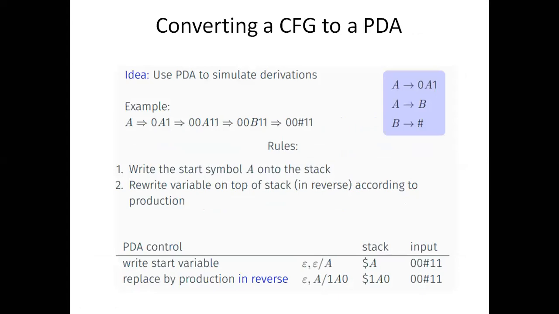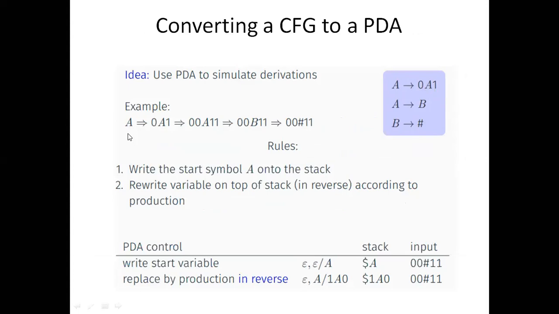Now let us look at this particular context-free grammar. Here there are three production rules: capital A produces 0A1, capital A produces B, and capital A produces hash. Let us see if we can derive some string out of this grammar.